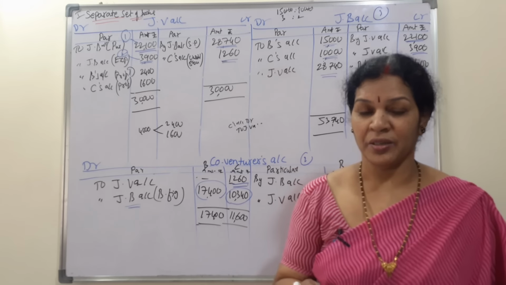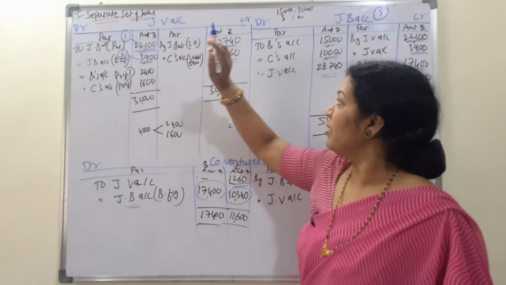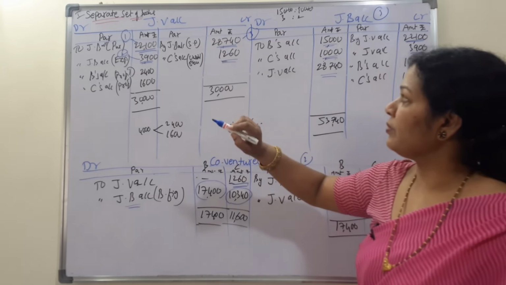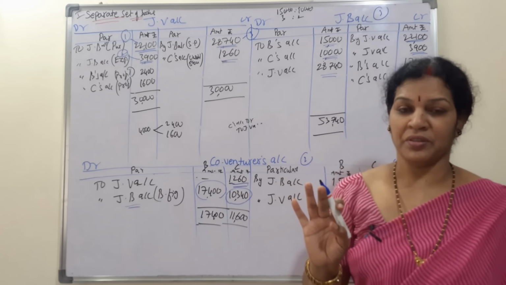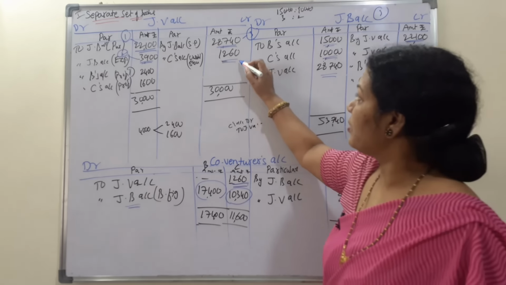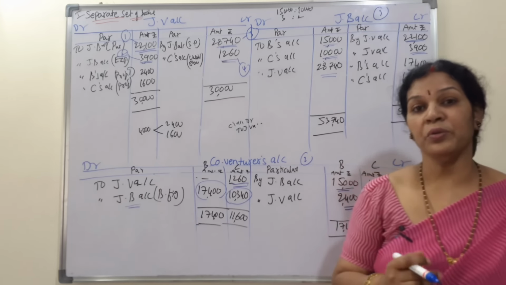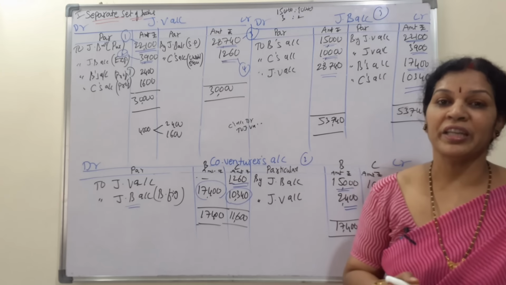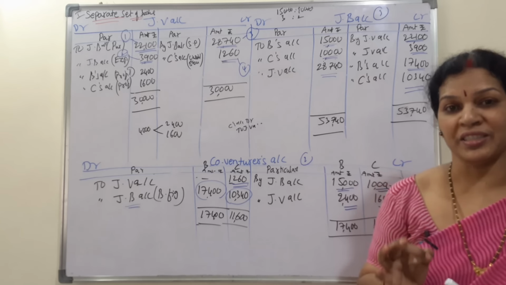The third entry you can take is joint bank account attached to joint venture account, being sale proceeds. Next, the fourth entry: C's account attached to joint venture account, being unsold stock taken by C.